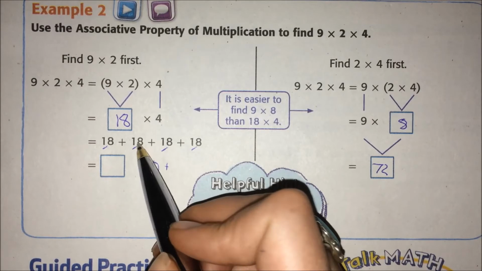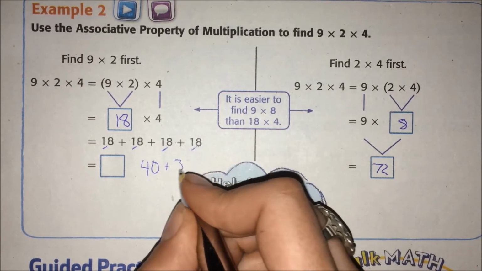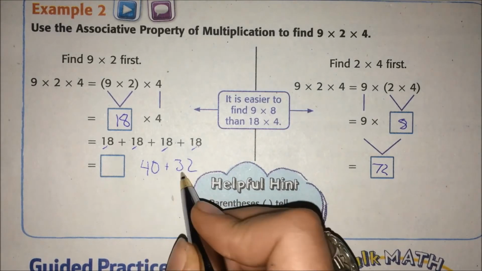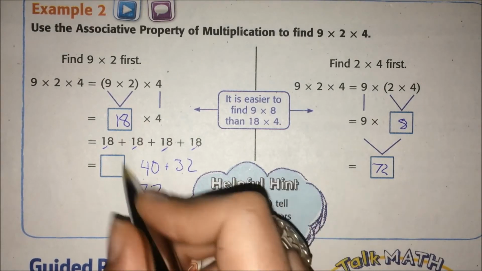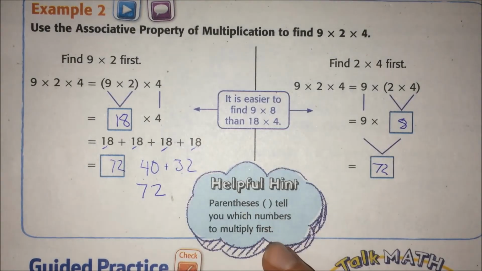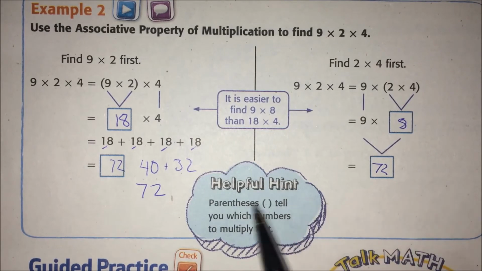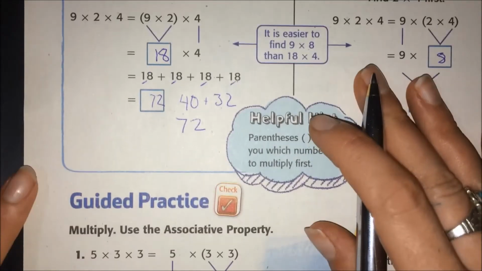And I have 1, 2, 3, 4 eights. 8 times 4 is 32. 40 plus 32 is 72. Again, this is where math gets fun because you get to pick. And helpful hint, parentheses tell you which numbers to multiply first, just like the order of operations.